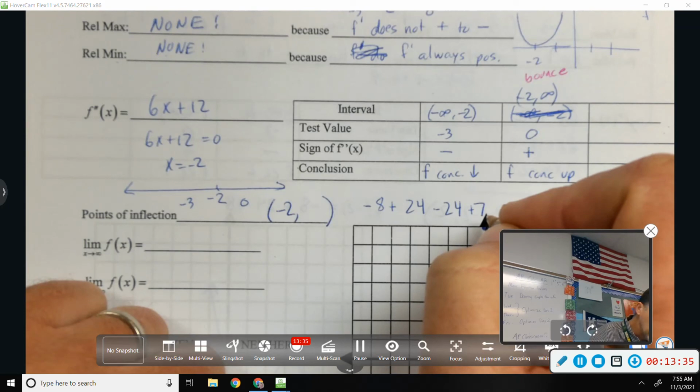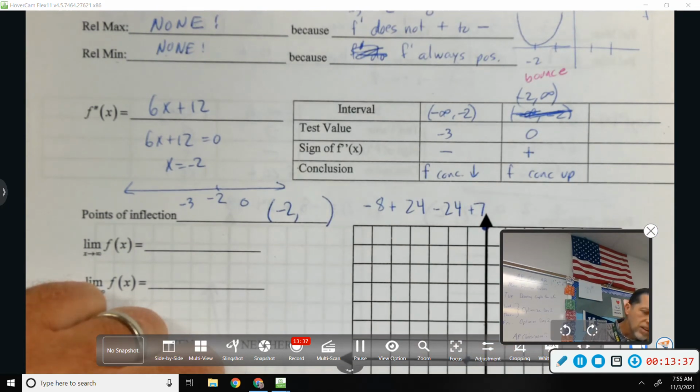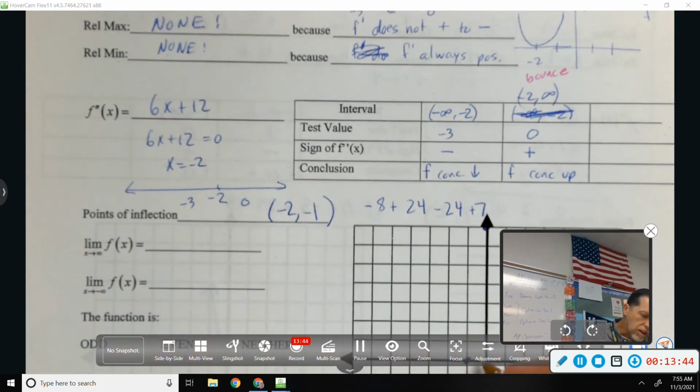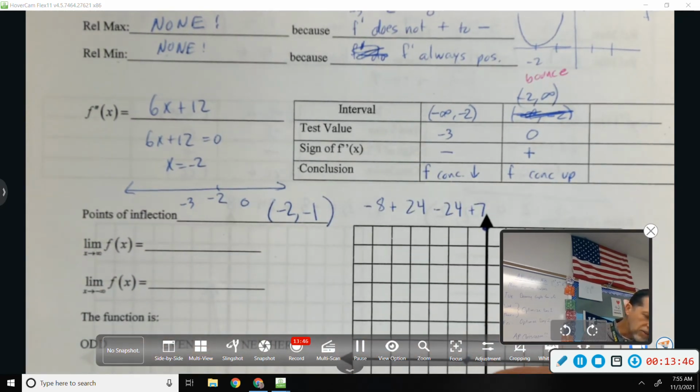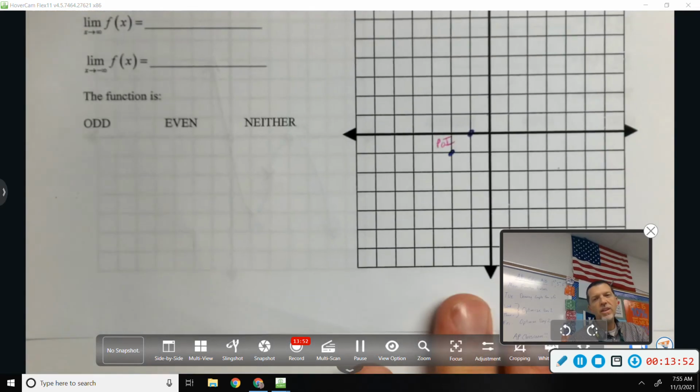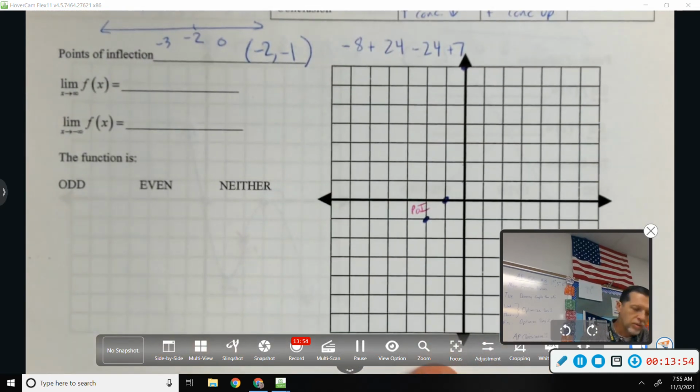Did I do that right? So that would be -1. So an inflection point at -2, -1. And maybe I label it. I don't have to label it, but when it comes to graphing it later, it might be helpful that it's marked as such. Okay, so we're increasing the whole way.